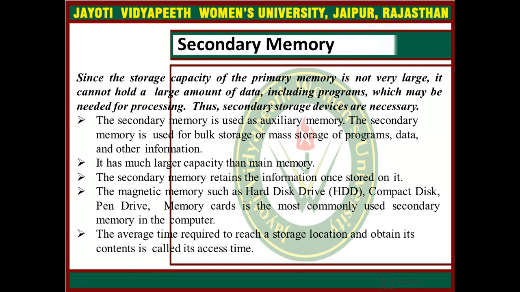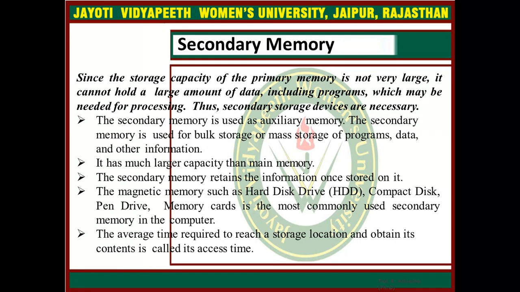The secondary memory is used as auxiliary memory. It is used for bulk storage or mass storage of programs, data and other information, and it has much larger capacity than main memory.